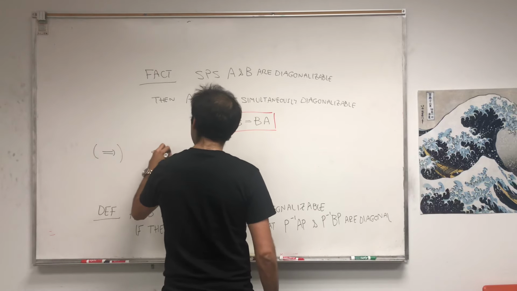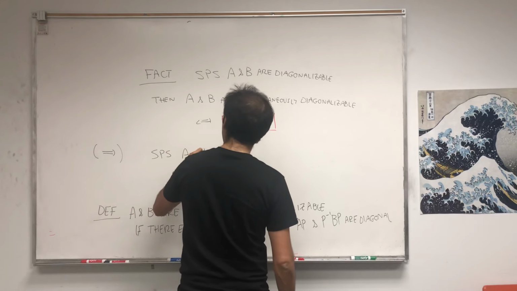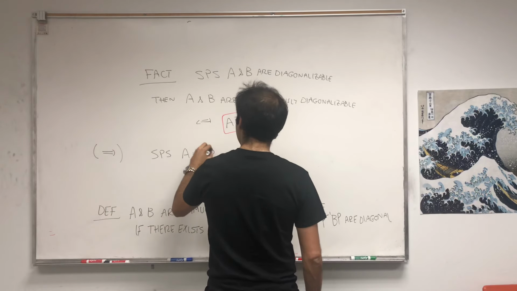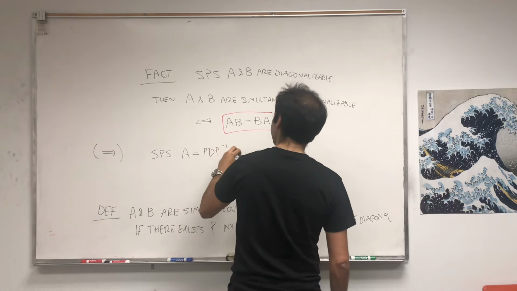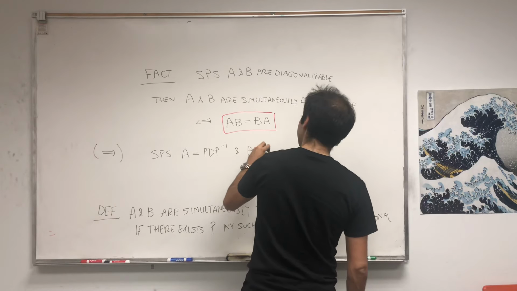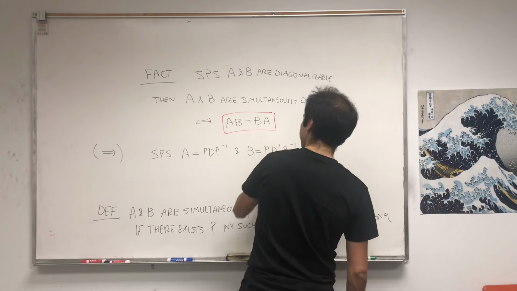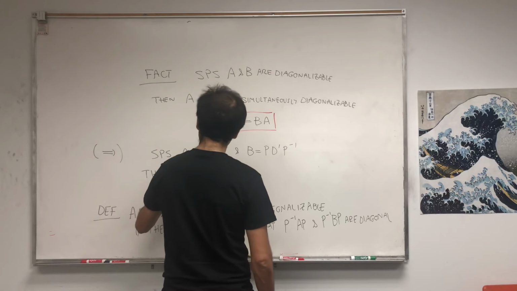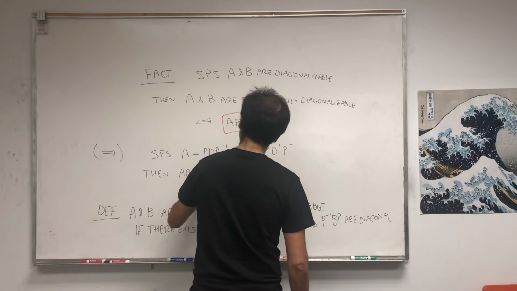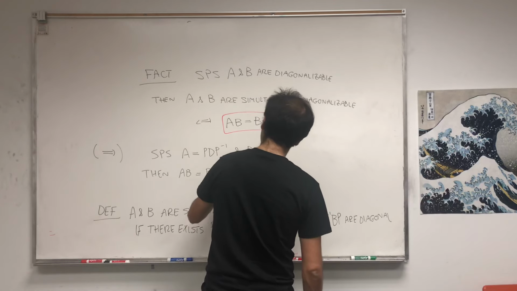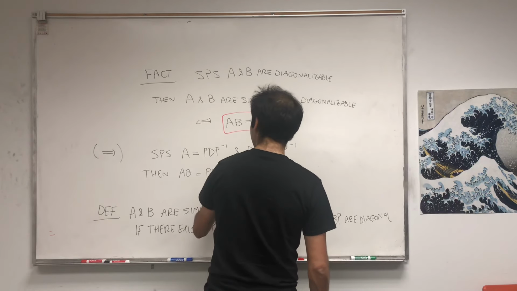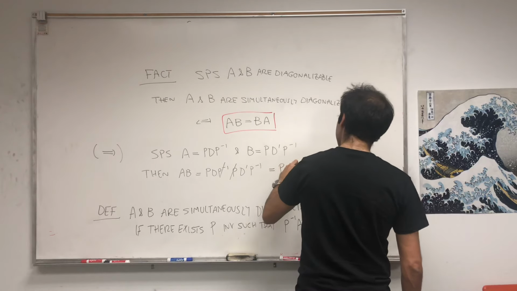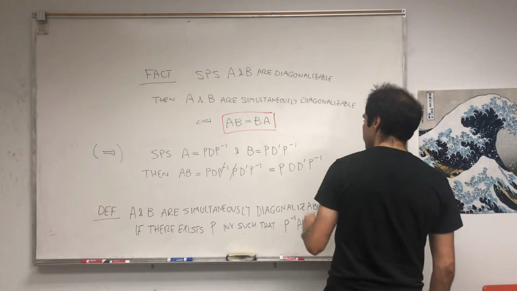So suppose A is PDP inverse, and B is PD prime P inverse. Then let's calculate AB, that's PDP inverse times PD prime P inverse. The P inverse and P cancel out, and you get PDD prime P inverse.